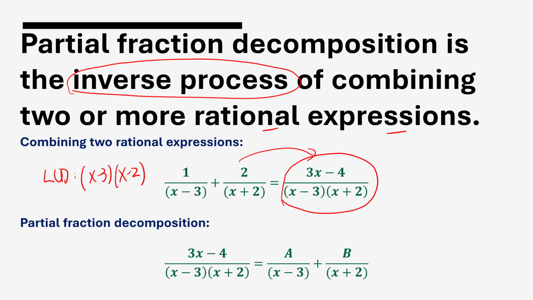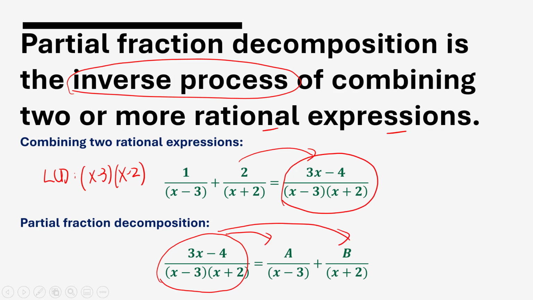rational expression. And in the partial fraction decomposition, basically we have a single complex rational expression. We have to break it down into partial fractions. In this case, we break it down into two partial fractions.